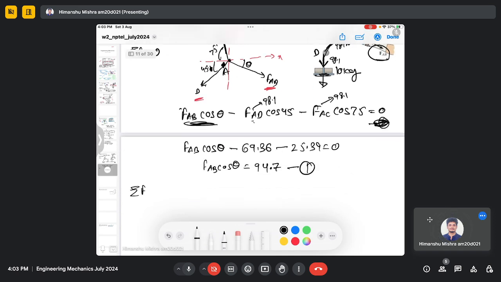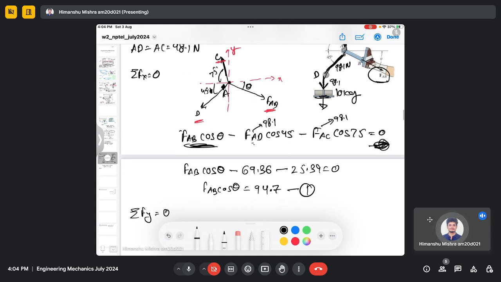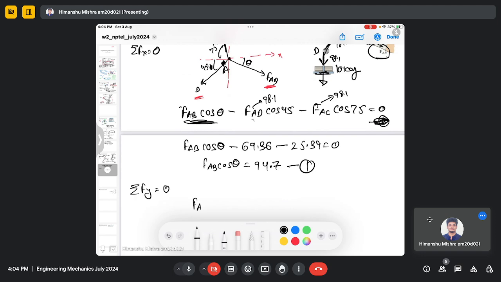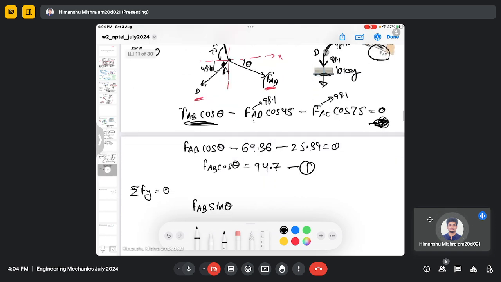Then we sum the force in the y direction and equate it to 0. Again, all three forces have a component in y direction. So all the forces in the y direction can be written as FAB sine theta. You can see the FAB y component is in the downward direction, so it will be minus FAB sine theta.